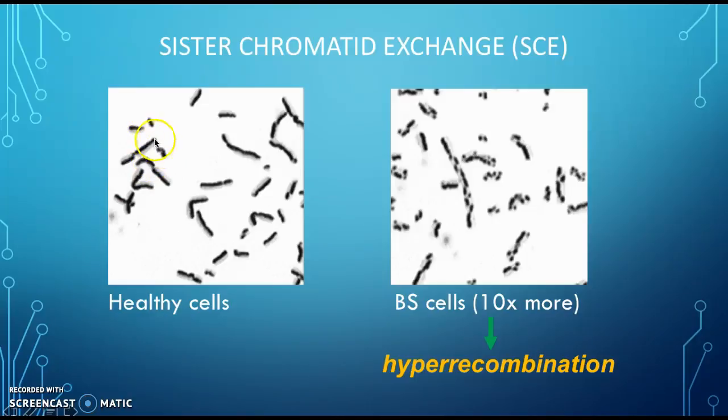So you'll see here there's one darker sister chromatid and one lighter sister chromatid that have exchanged some genetic material. However, most of the sister chromatids are not going to exchange that material in healthy cells. In BS, however, it is 10 times more likely. So you'll see most of these chromatids have exchanged genetic material, and this is called hyperrecombination. Fun fact is that Bloom syndrome is the only disorder in which this level of hyperrecombination happens in the sister chromatid exchange.